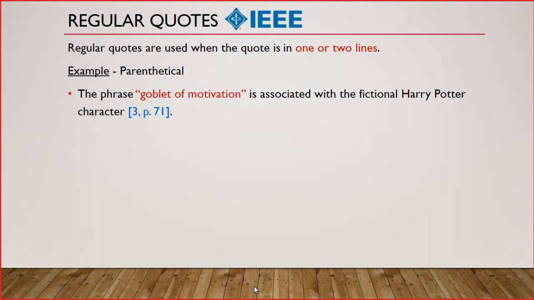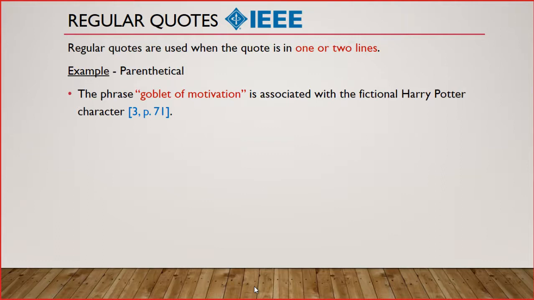So what we do is that we have square bracket 3. So 3 is the reference to the article, comma, P.71. So reference number 3, page 71. See, this is IEEE.